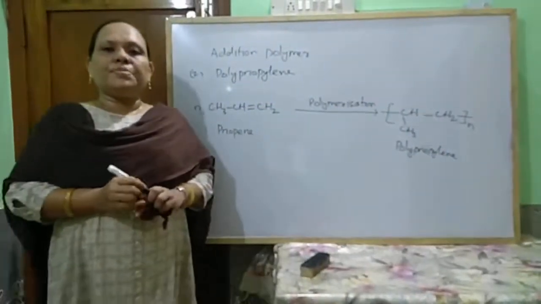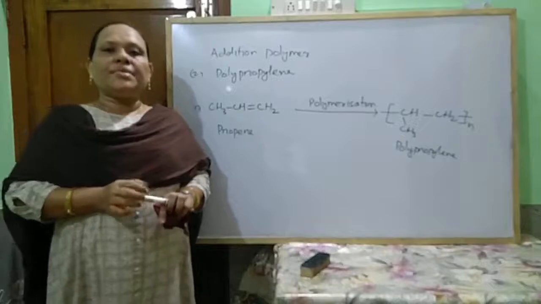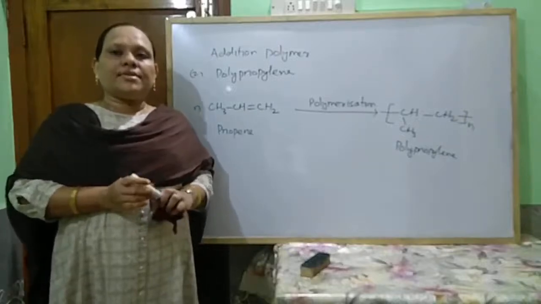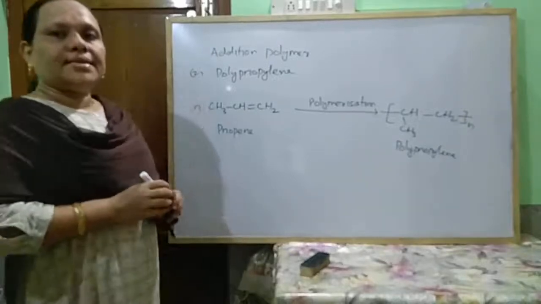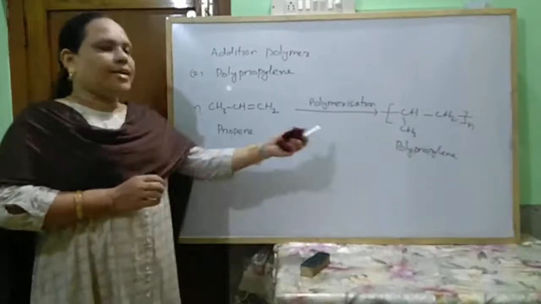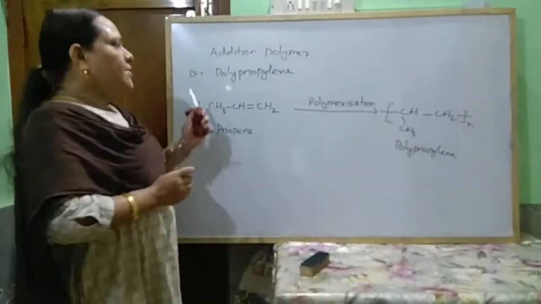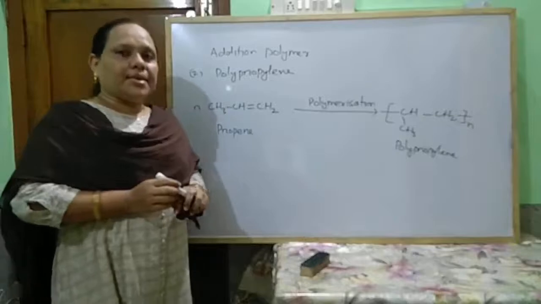So this is polypropylene. It is used for making seat covers, carpets, toys and bottles.